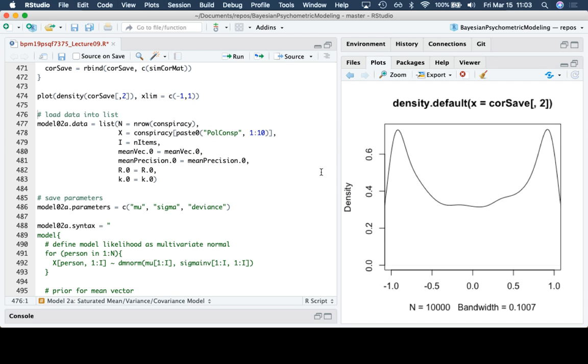Let's estimate the model as it is. We can play with priors if we want to make things happen. Quick question. Wouldn't it be counterintuitive that you put a lot of weight on the off diagonals?